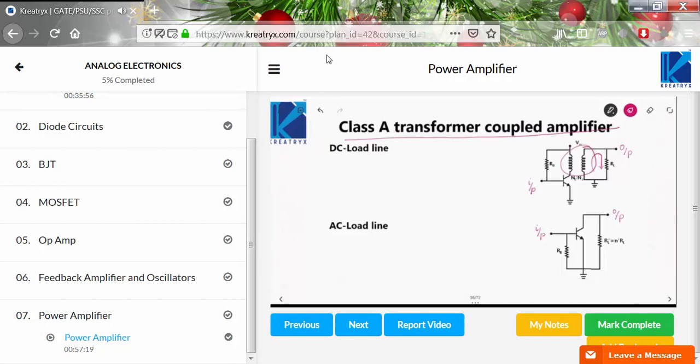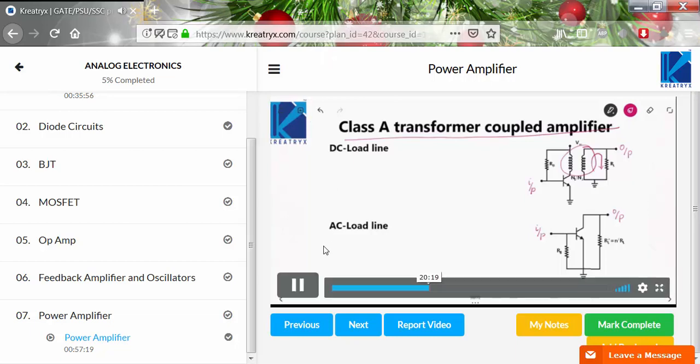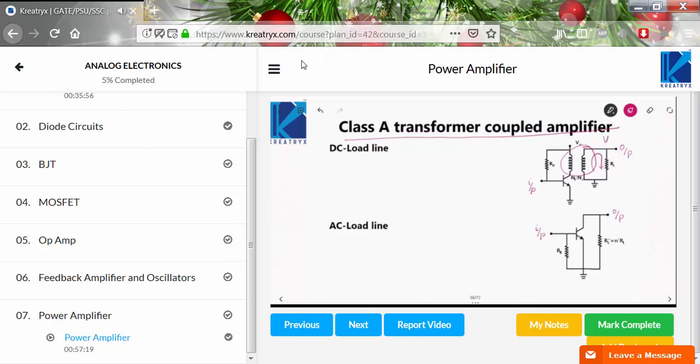What is the KVL in output loop? Here this voltage is VCC, right? So VCC minus IC into 0 minus VCE equal to 0. In case of DC analysis, we are shorting this inductor, right? Shorting means what is the drop across it, 0, right?